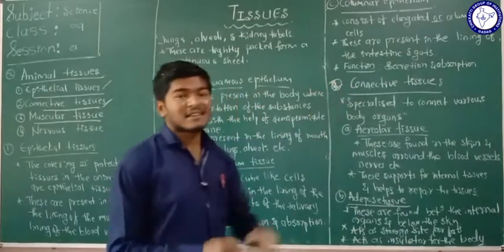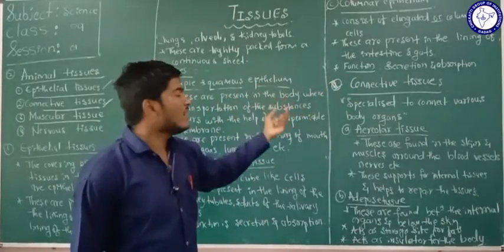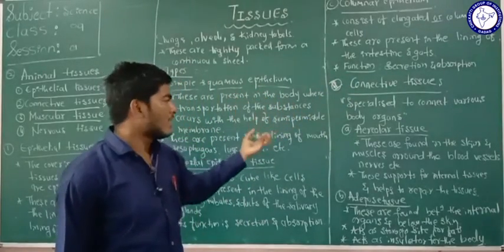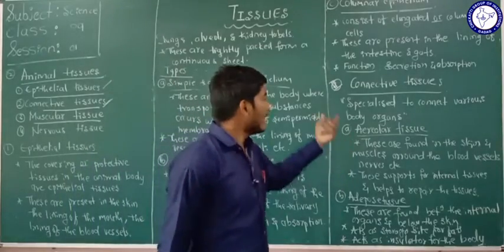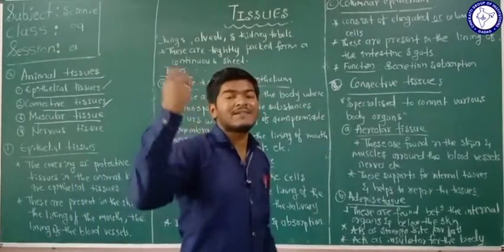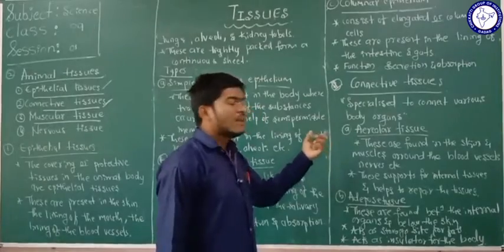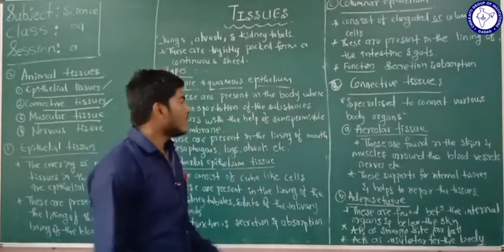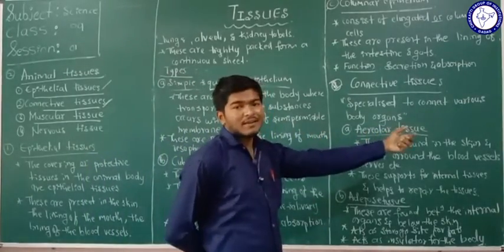These tissues connect the various parts of body organs. In connective tissues we are also going to see different types. The first type of connective tissue is areolar tissue.